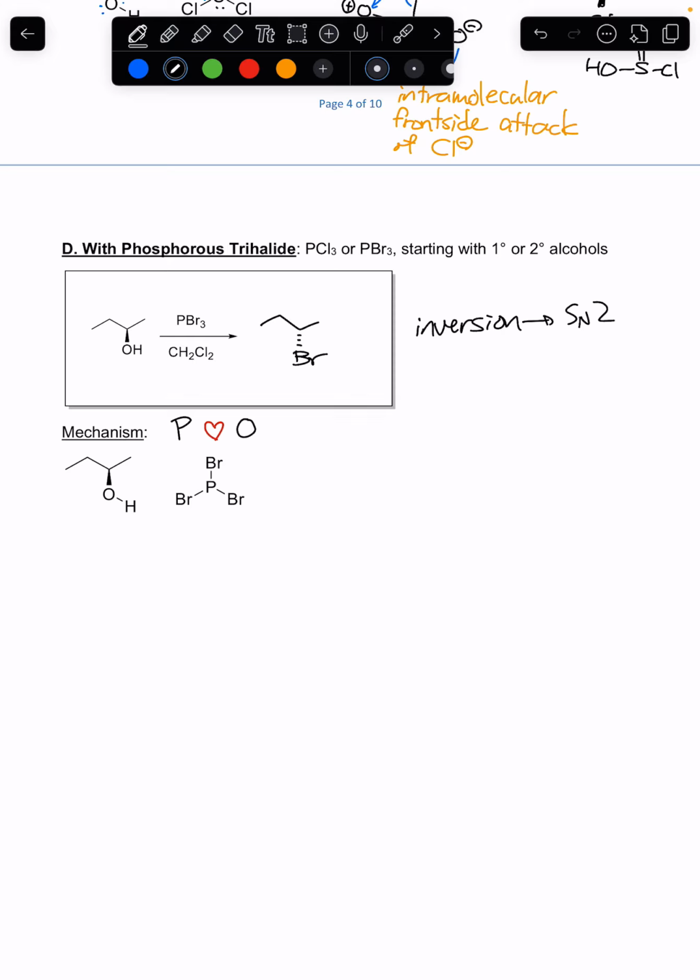That's a really helpful thing to know in organic chemistry. Now, not surprisingly, oxygen would like to attack phosphorus, partly because this phosphorus is partially positively charged with electronegative things attached to it. So bromide is a good leaving group, so this is basically an SN2 reaction that happens.